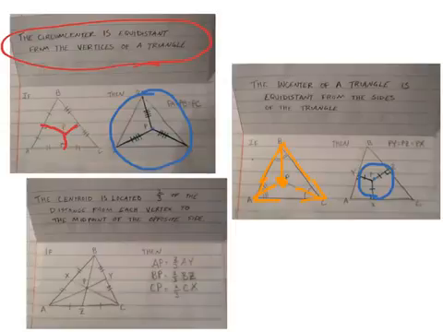The third center, the centroid, is located 2/3 of the distance from each vertex. So if we had this line here and it was 30 feet long, then the centroid would be 2/3 of the way along that 30, so 20 feet along that line segment.